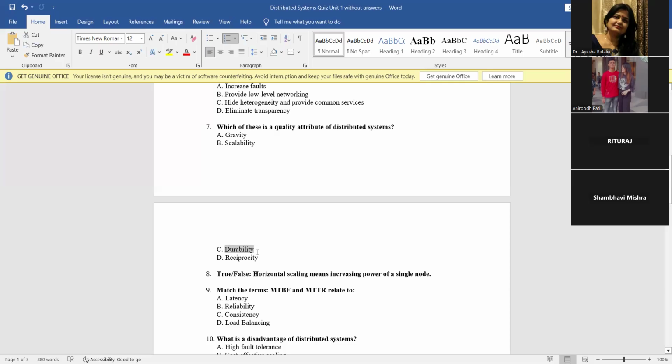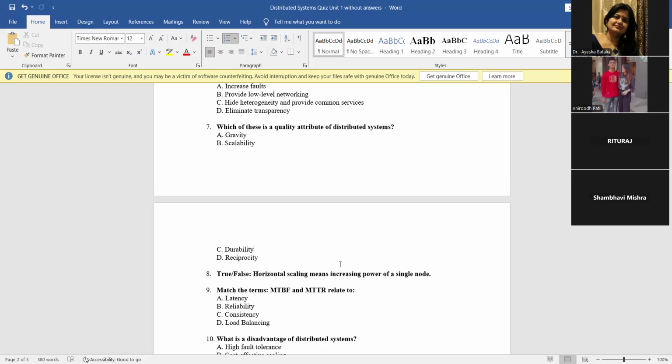Durability, what do you mean by that? Now see, in a database system we always say that atomicity is very important. Either the transaction should be null or it should be full.